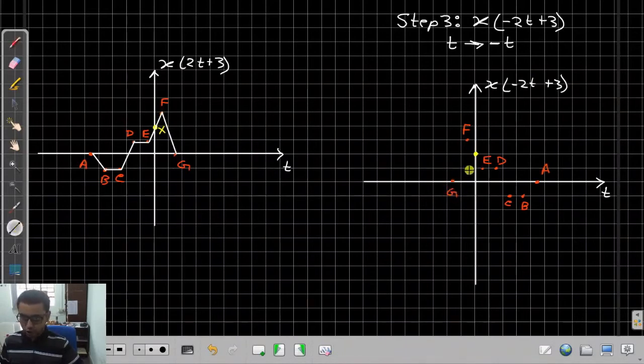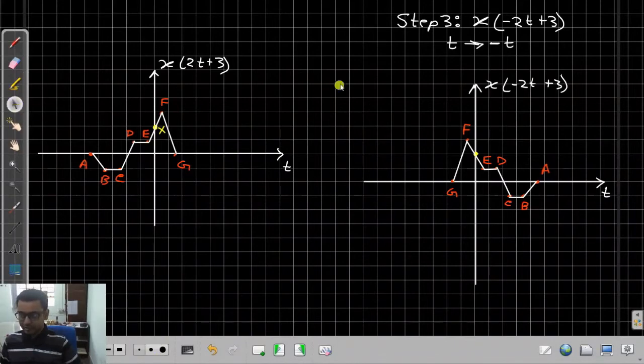Let me join these points. And that's how x(-2t plus 3) is going to look like. Our step 3 is complete.